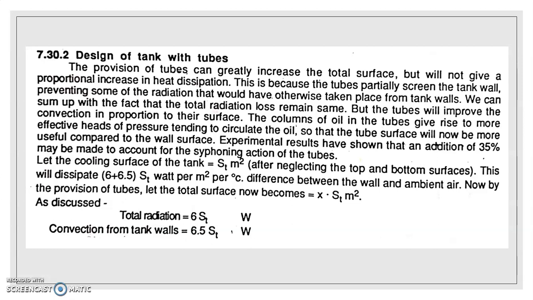For example, if you consider a cup of tea and a saucer, you can observe that the liquid has more surface exposed in the saucer, so it cools earlier compared to the cup of tea. Like that, the heat dissipation depends on how much surface area is exposed. So provision of tubes can greatly increase the total surface.